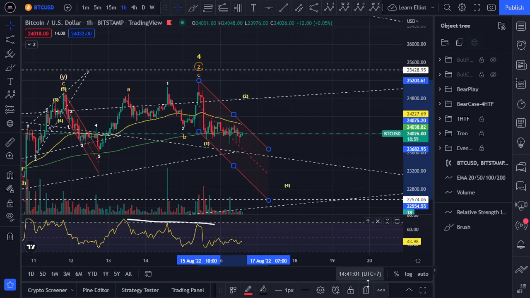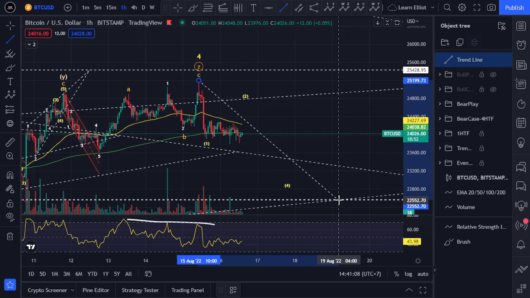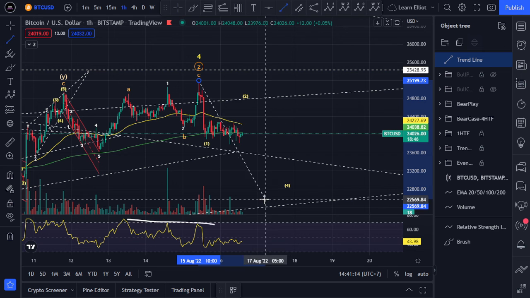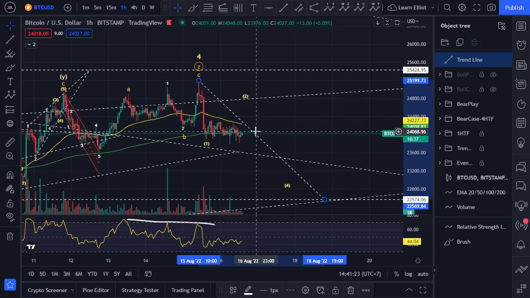Let's just delete this parallel channel and make a trend line here. Something like this. Trend line broken. So yeah, following the 50-day EMA. So we have this as our resistance.